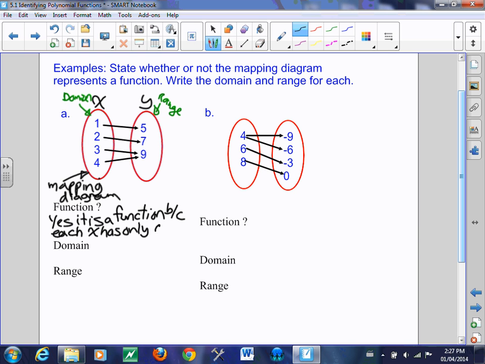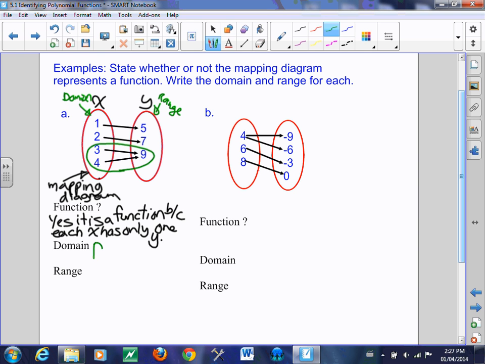Only one Y. You might be wondering about this kind of scenario right here. Notice that the Y has two X's, but that's okay. That's not part of the restriction. Each X has to have its own Y. So yes, this is a function.